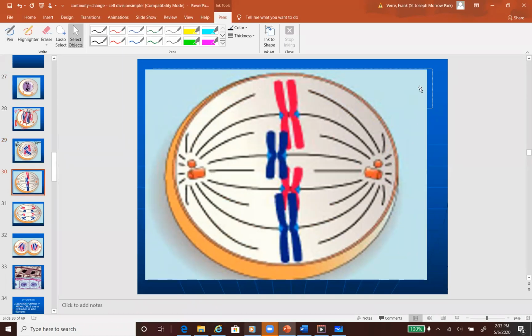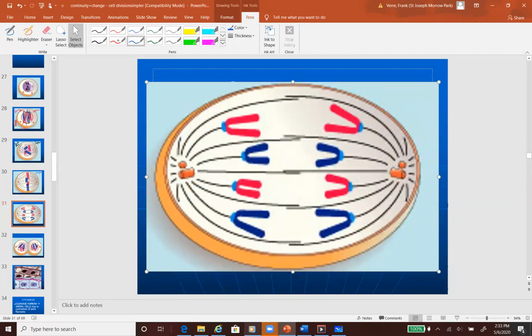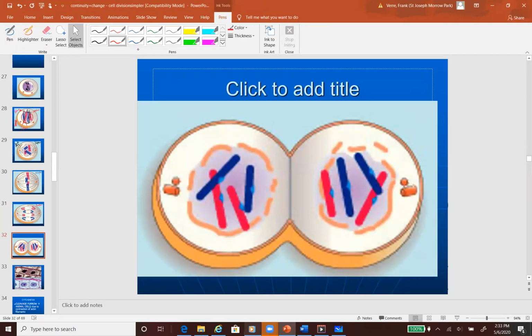Then you have your metaphase. That's when the chromosomes are in the middle. I think M for middle. Then you have your anaphase. That's when the chromosomes are getting split to either sides of the cell. And then your 4th phase is your telophase.